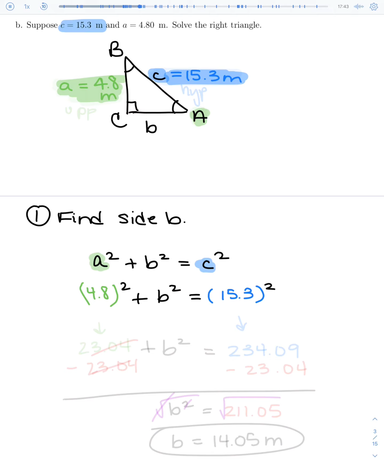So then we need to use our calculator to deal with our exponents. Let's figure out what a squared is, which is 4.8 squared, and then 15.3 squared. The first one is going to be 23.04 when we square the 4.8.